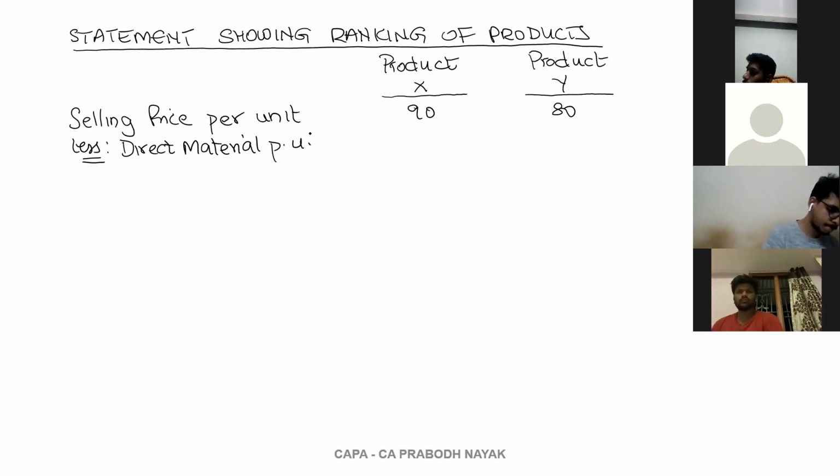It is 10 rupees. 2 kgs are required per unit of a product, and each kg costs 5 rupees. So 2 into 5, 10 rupees.